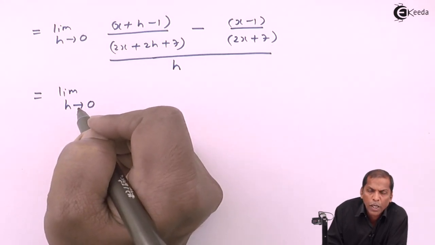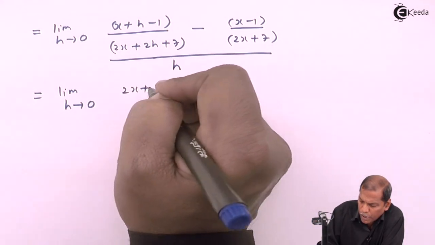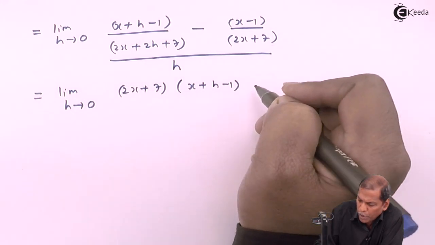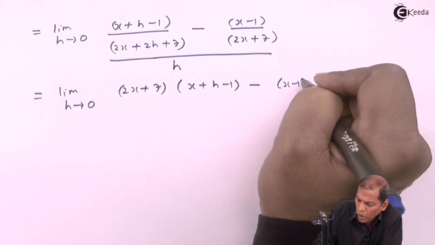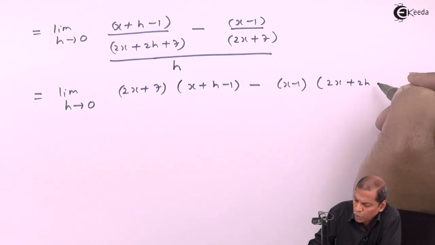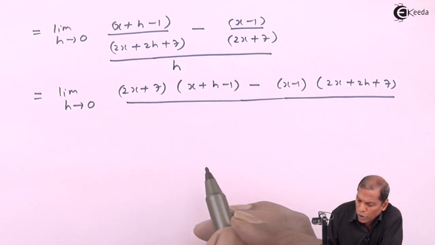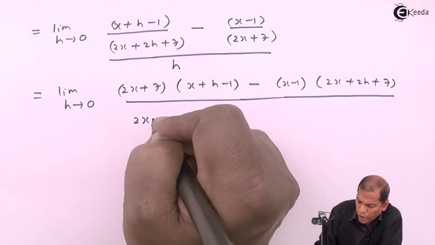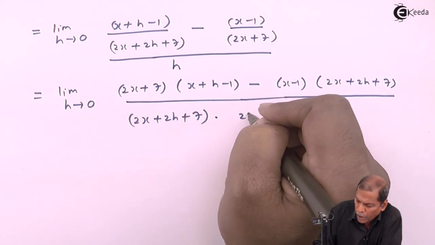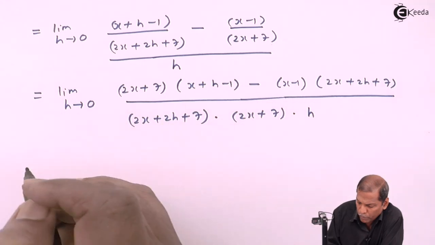Now here we have to cross multiply in the numerator, so we get (2x + 7)(x + h - 1) - (x - 1)(2x + 2h + 7), and the whole thing divided by (2x + 2h + 7)(2x + 7)h.